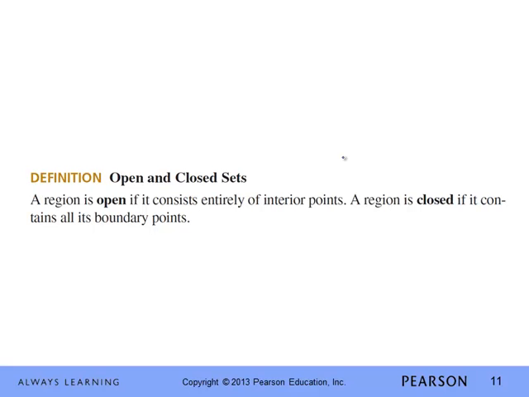Amazing. Now, an example of an open set is the set of real numbers on the interval from 0 to 1. So let me ask you, what is the largest number on the interval from 0 to 1? 1's not in that set.